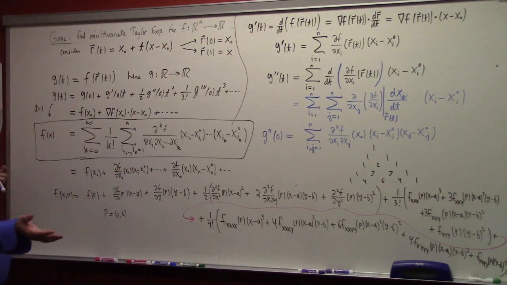So there you go. That's the multivariate Taylor expansion for a bivariate function out to order 4, if you ever wanted such a thing.